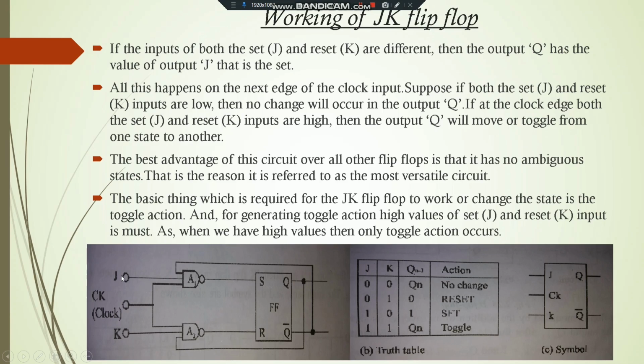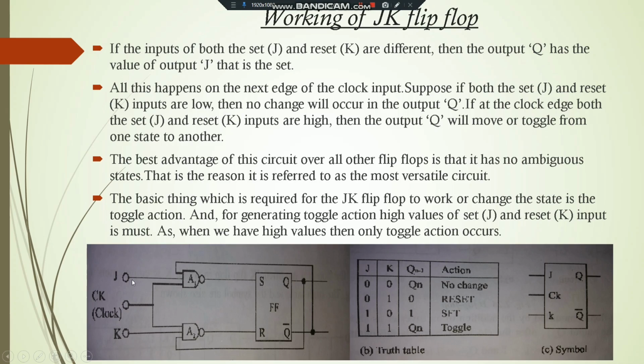If we give high input to J and low to K, then the output is J. If we give low and low to both, there is no change in output Q. If we give low to J and high to K, it will reset the flip-flop.